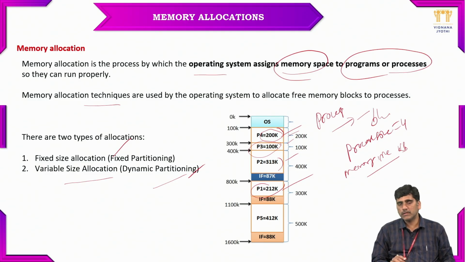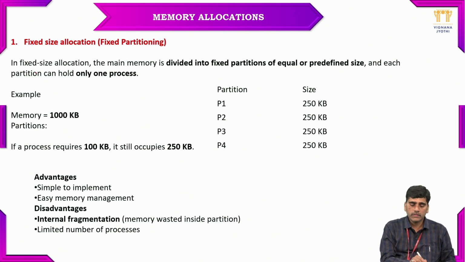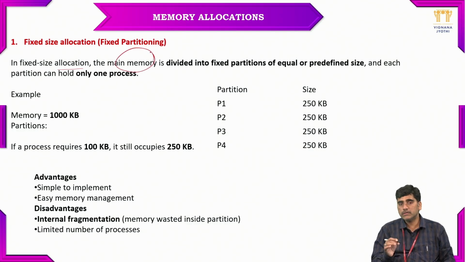In fixed size allocation, as the name itself says, the memory blocks are fixed. Fixed size allocation is also called fixed partitioning. In this allocation, the main memory is divided into fixed partitions of equal or predefined size.